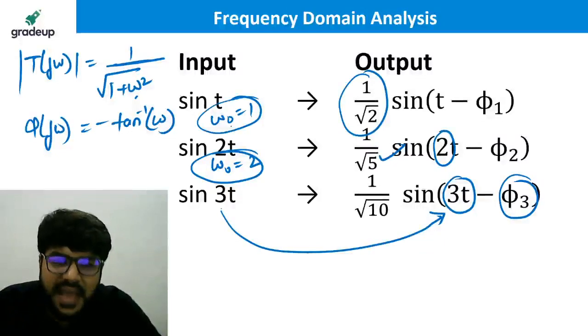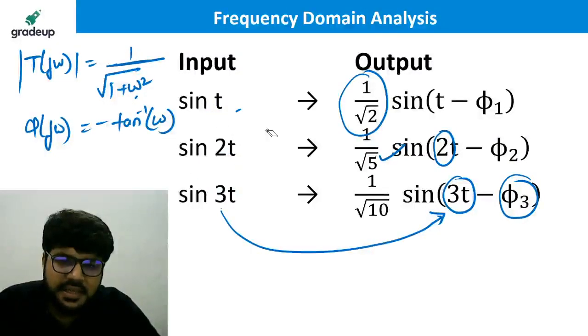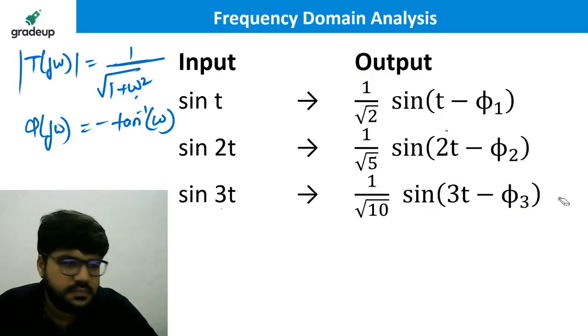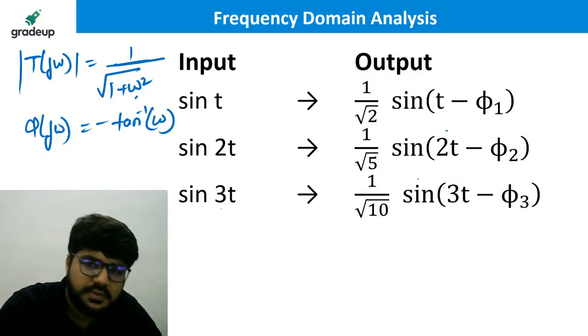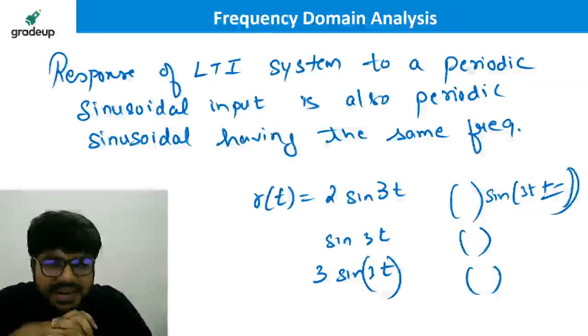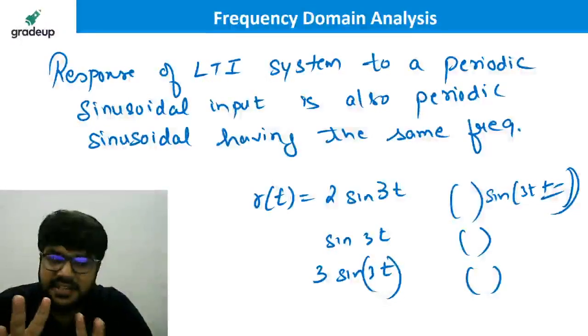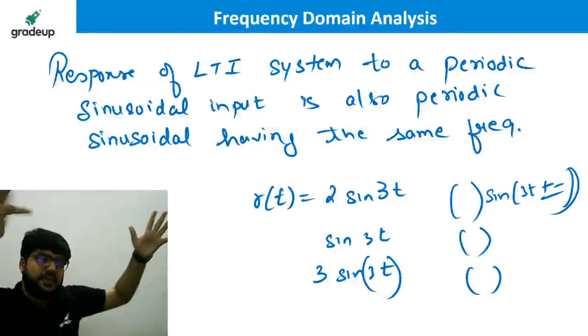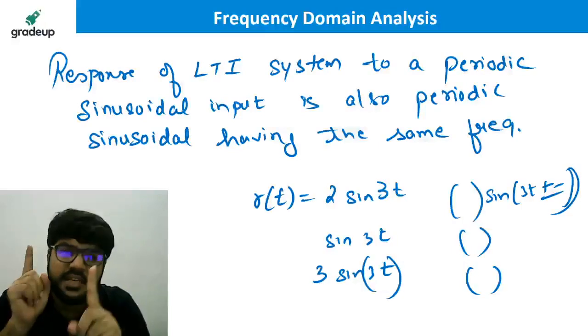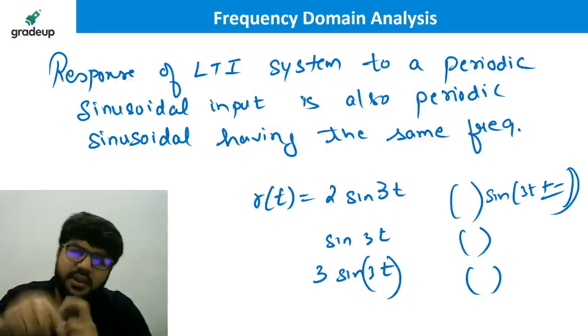Okay. Now listen to the final point. Firstly, what I told you. Yes, exactly, the amplitude is reducing. Sometimes it may increase for another system, and that is the analysis we are going to do. Firstly, I told you the response of a system to a periodic signal will also be periodic.